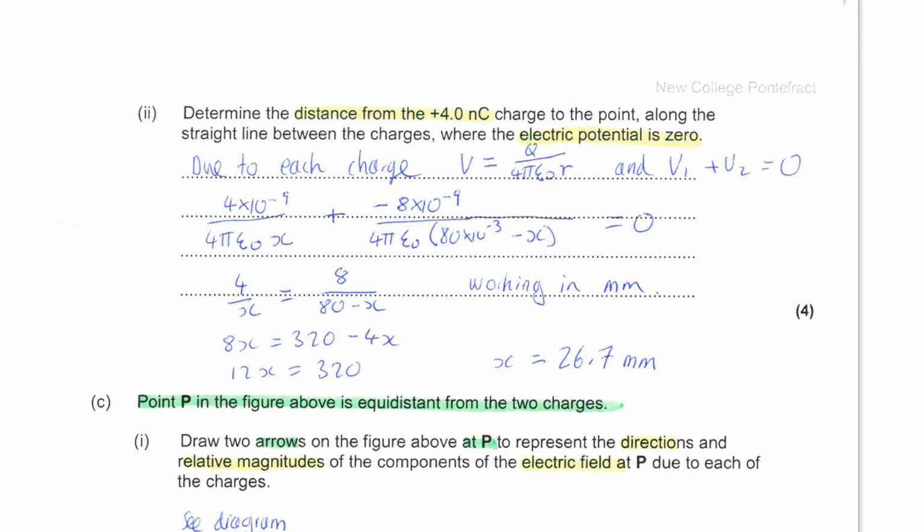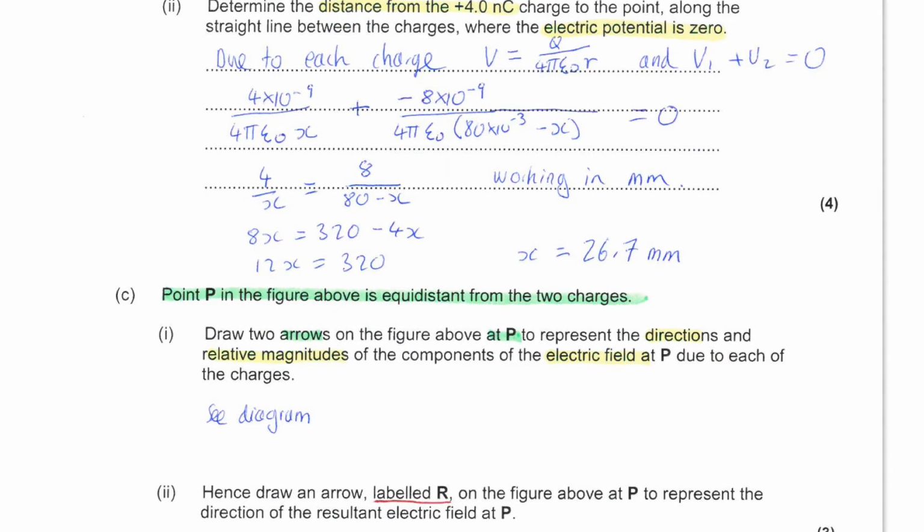So going back to the solution here, we simply have 2 expressions for potential corresponding to each of the 2 charges. So the 4 nanocoulomb charge divided by 4 pi epsilon naught x, and the -8 nanocoulomb charge divided by 4 pi epsilon naught multiplied by the remaining distance, which is the 80 millimeters take away x.